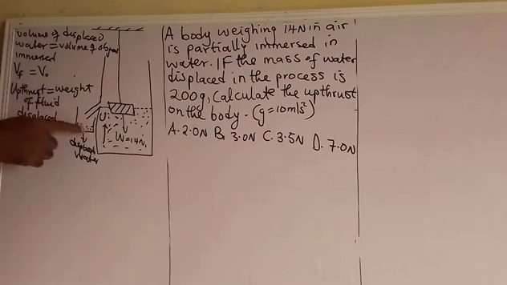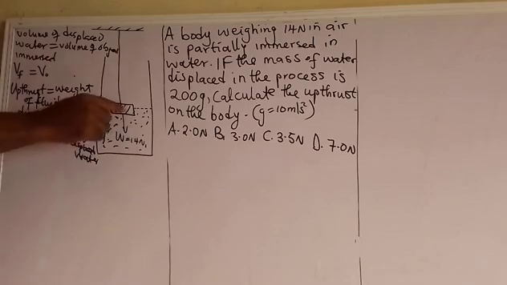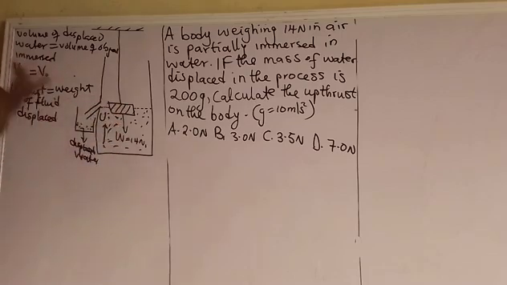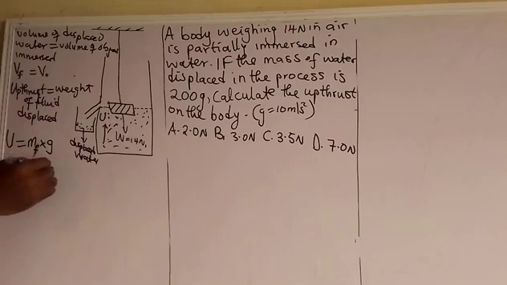That means if you get the mass of the fluid displaced by the immersed object multiplied by acceleration due to gravity, that will give you the value of upthrust. So we are saying this is mass of fluid displaced, the F is a subscript, multiplied by acceleration due to gravity, that will give you the upthrust. And from the question, we are told that mass of fluid, which is now water, was 200 grams.